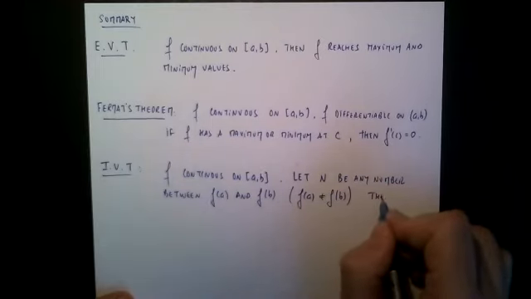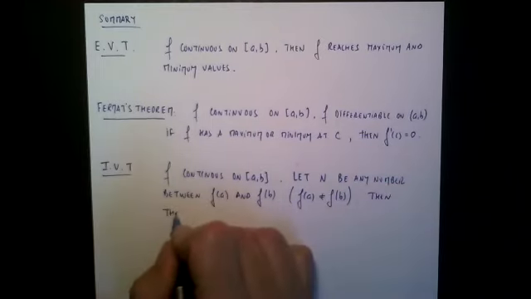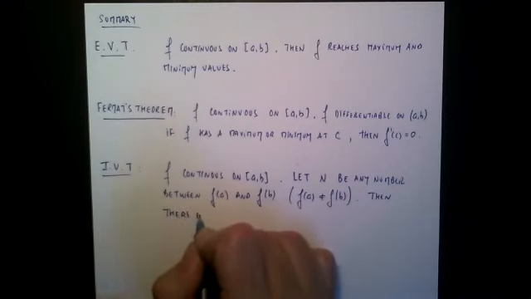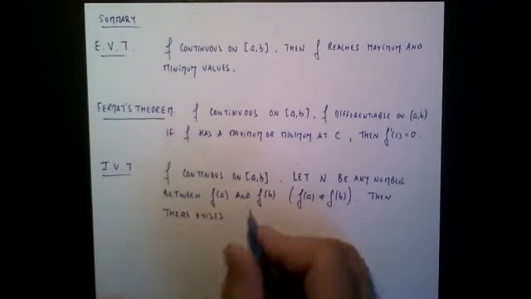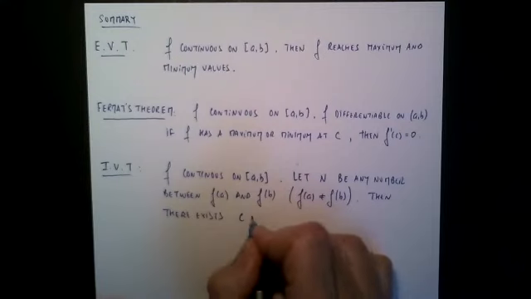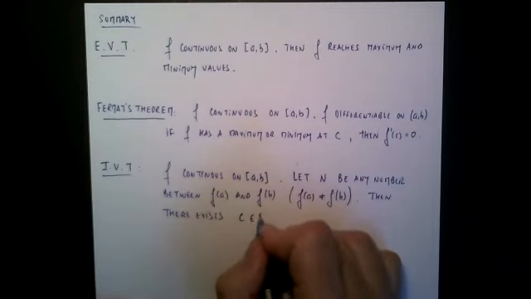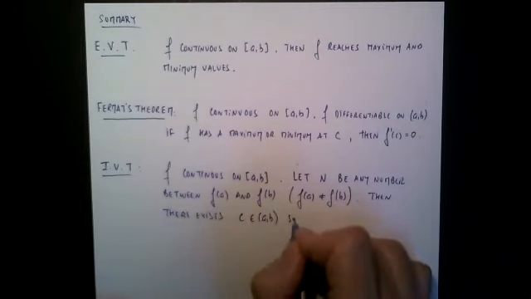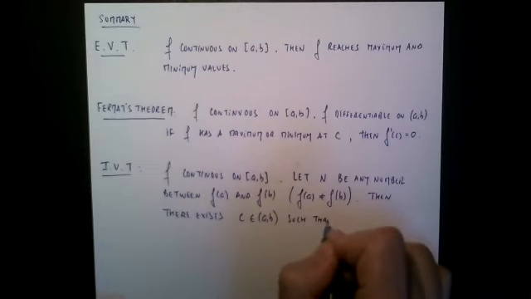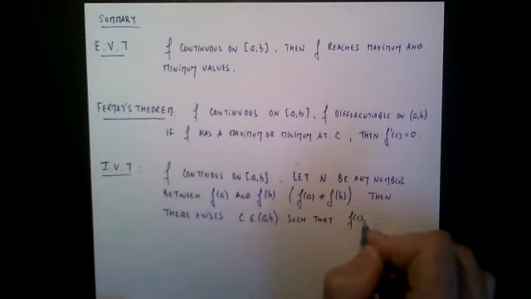Then there exists a value C in AB such that f of C equals n.